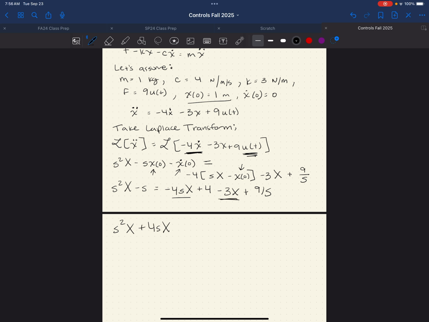Bring this to the left-hand side, plus 3X equals, I'll bring this to the right-hand side, s plus 4 plus 9 over s. All right, now on the left, I'll factor out that big X. So we should have s squared plus 4s plus 3 times big X equals s plus 4 plus 9 over s.